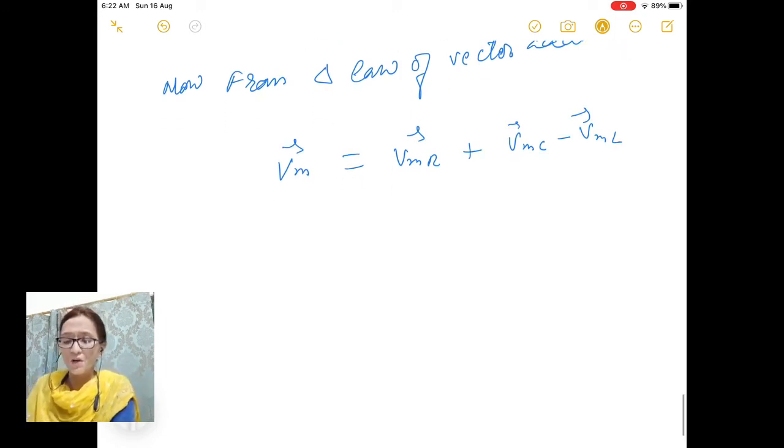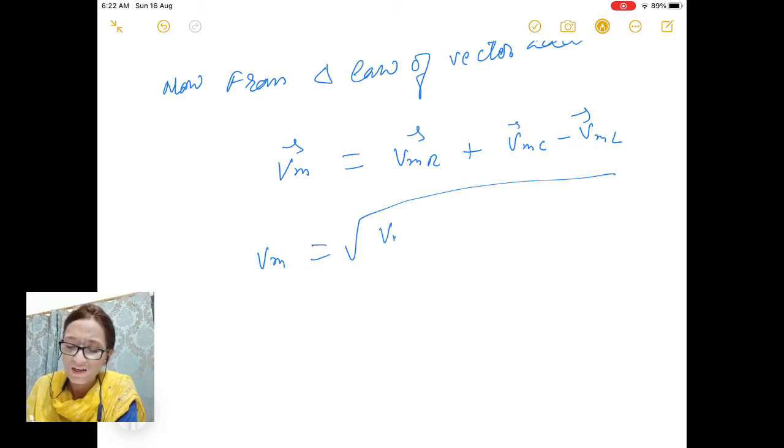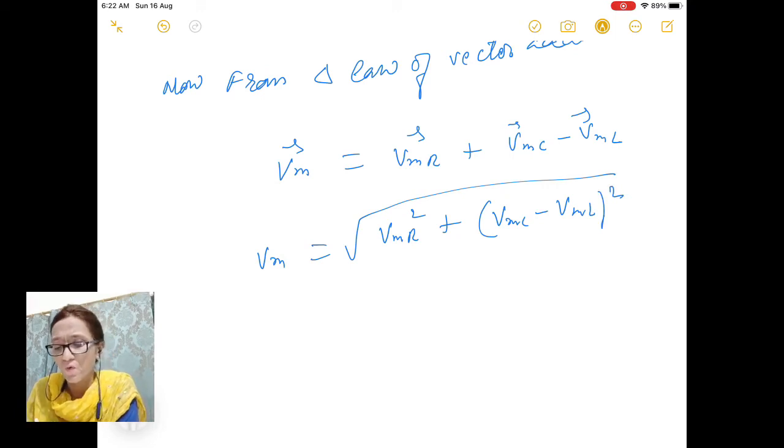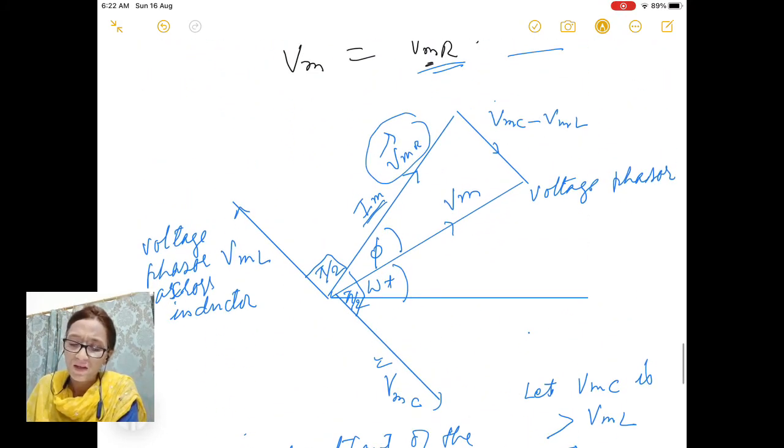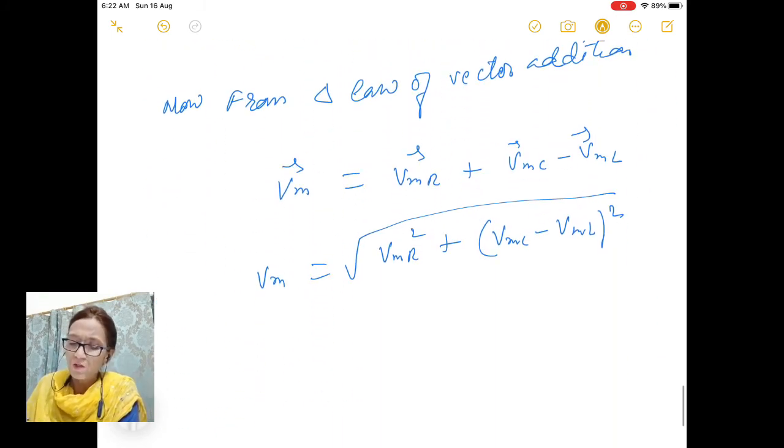So for magnitude, we can make it from vector addition. The resultant of these vectors can be given by root under square of one vector VMR square plus square of another vector VMC minus VML square plus 2 into first vector into second vector into cos of the angle between the two, and the angle between the two is 90 degrees and cos 90 is 0. So the next term need not be written here.